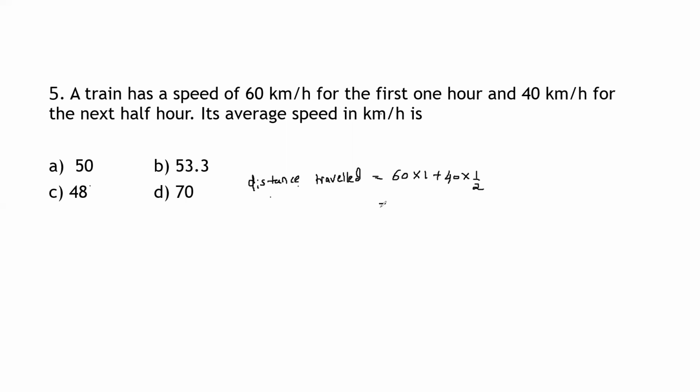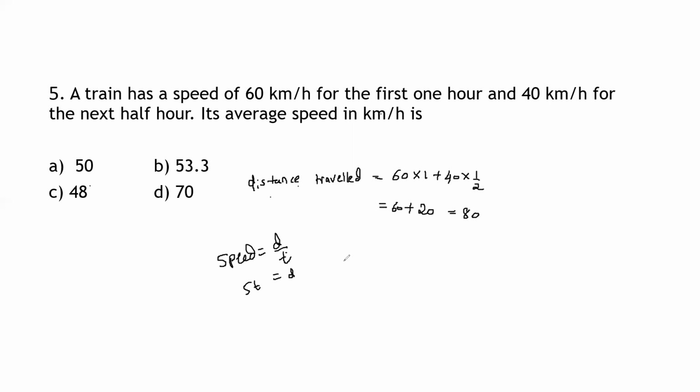That is equal to 60 plus 20. That is nothing but 80 kilometer is the distance traveled by the body. Okay, so how did we do this? Speed is equal to distance divided by time. Therefore, distance is equal to speed into time.